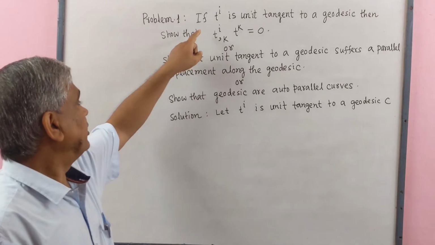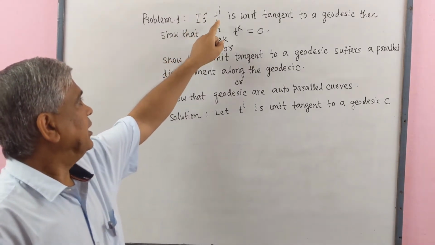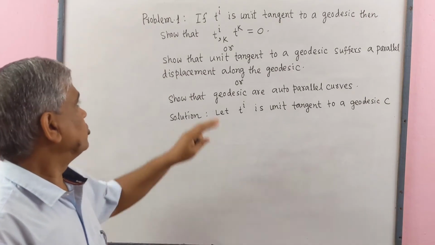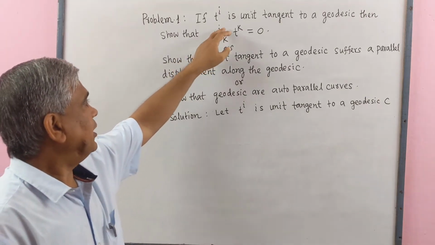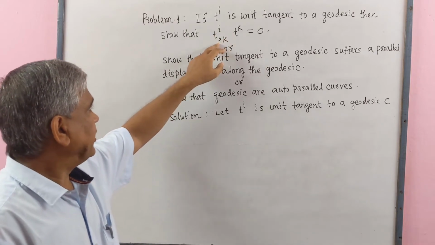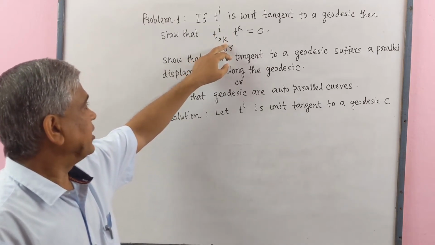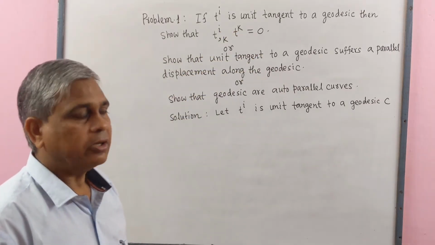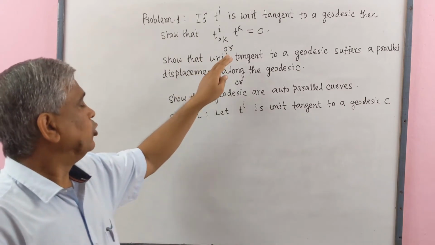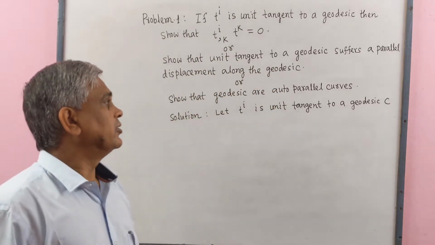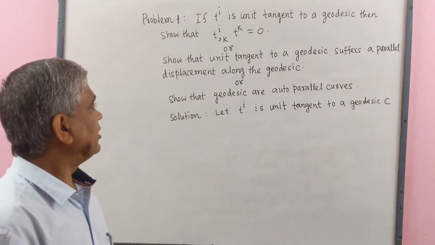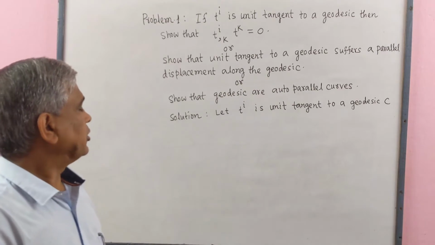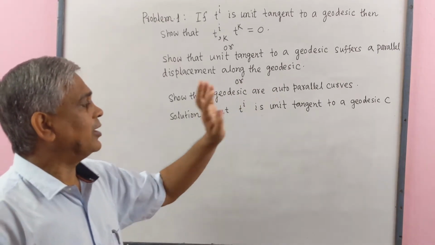Problem number 1. If Ti is unit tangent to a geodesic, then show that the covariant derivative of Ti with respect to xk, times tk, equals 0, or show that unit tangent to a geodesic suffers a parallel displacement along the geodesic, or show that the geodesics are autoparallel curves.